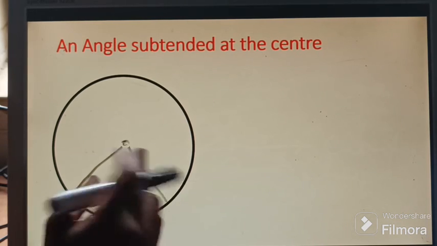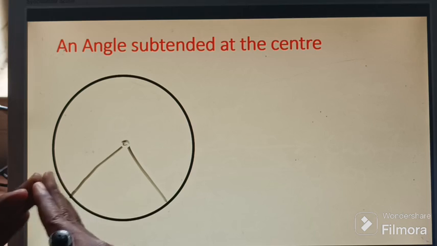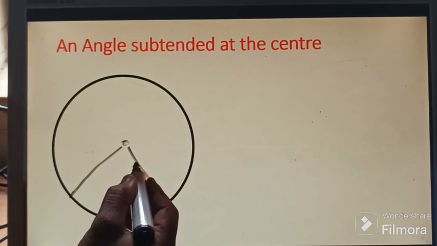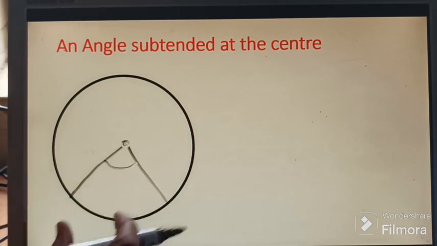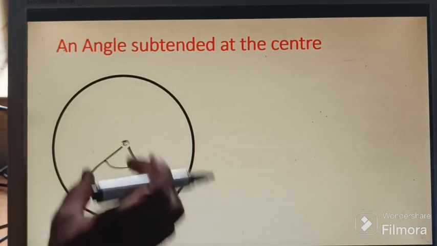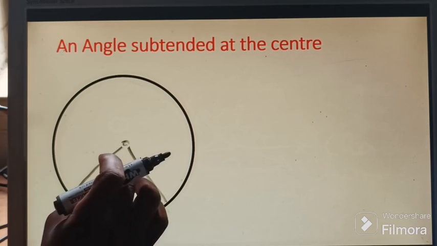As we discussed, the radius. So my radius starts at the circumference and they are meeting at the center. So they are creating an angle here, this angle. They are meeting at the center and they are subtending, creating an angle. So this is an angle subtended at the center.